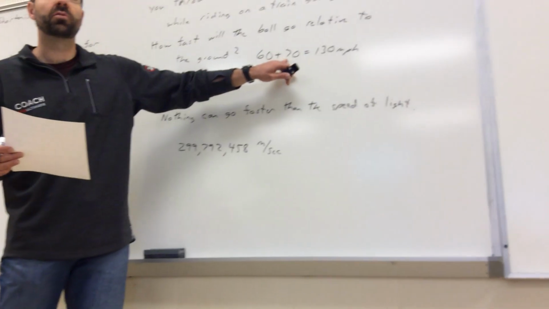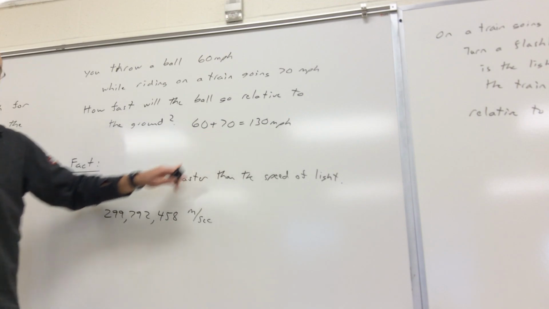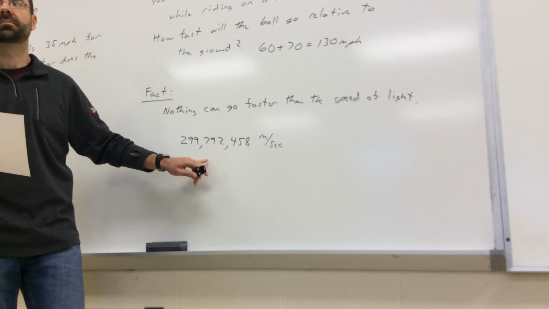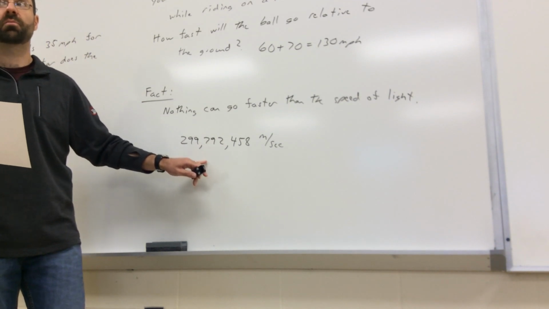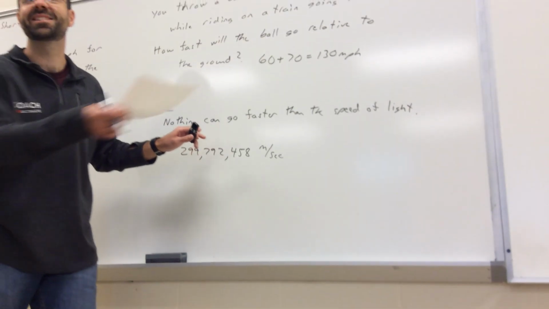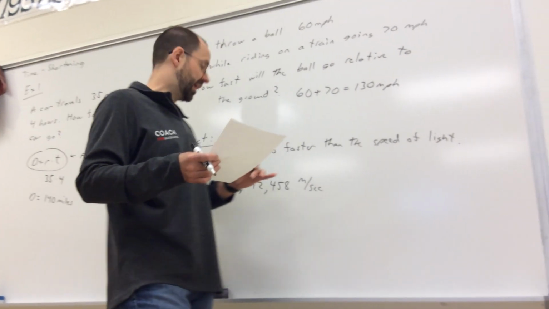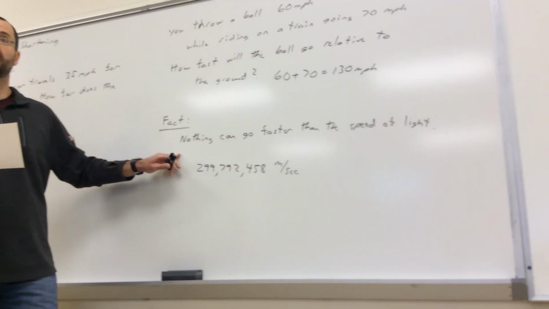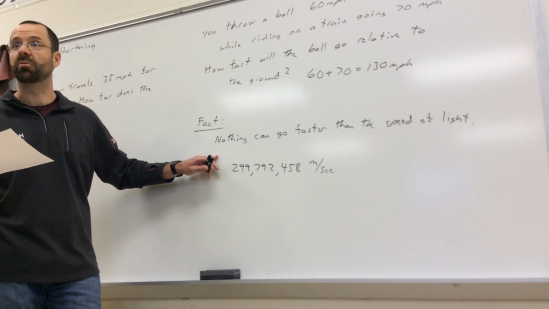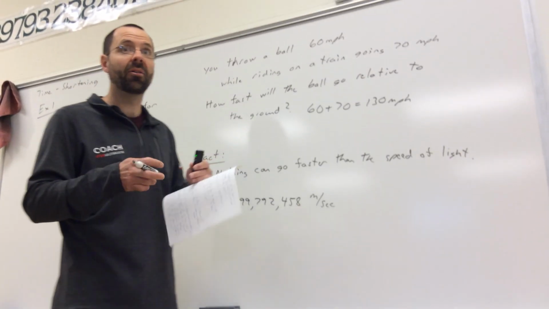So it was an additive relationship when the speeds were small, but somehow it's not when the speeds are the speed of light. That's a problem. There's a dissonance there. There's a quandary there, right? Okay, so Einstein came to this fact, and then he realized that there was a conflict if this fact was true. So he had to solve that conflict somehow.